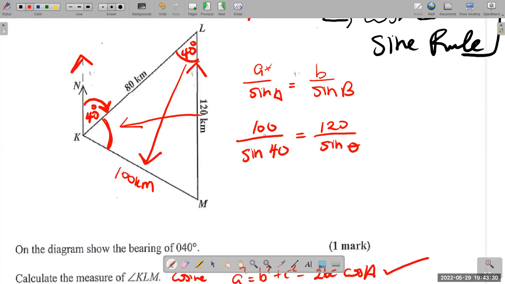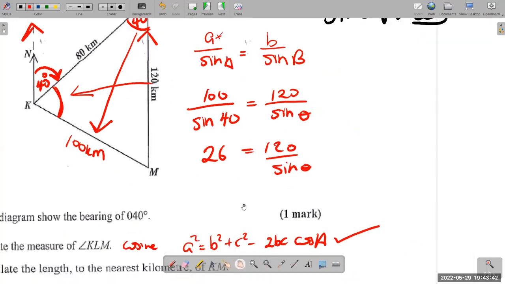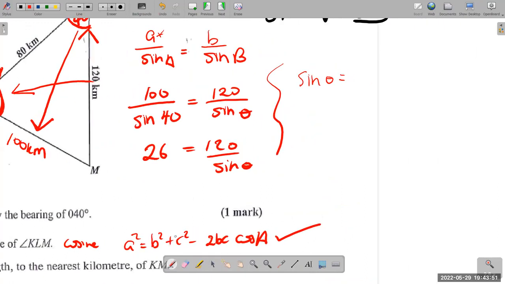So when you finish, you're going to get a number over here. So let's say you get 26. 26 is equal to 120 over sine theta. What do you do next? Because we want sine theta, what do we do next? We switch, right? We transpose. So we're going to end up with sine theta is equal to 120 over 26. And when we do that, we're going to get an answer. Let's say 4.3.